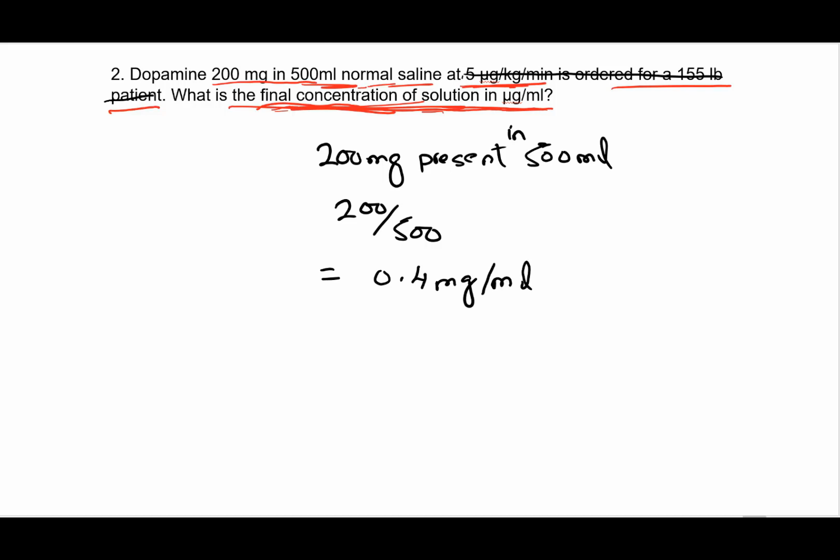That's the concentration of the solution we have, and we have to find the final concentration in mcg per mil. So let's simply convert milligrams per mil into micrograms per mil. I'm going from milligrams to micrograms, from a bigger unit to a smaller unit, so the decimal should move towards the right by 3 places. That would be 1, 2, 3, and that would be 400 mcg per mil. So that's the answer.